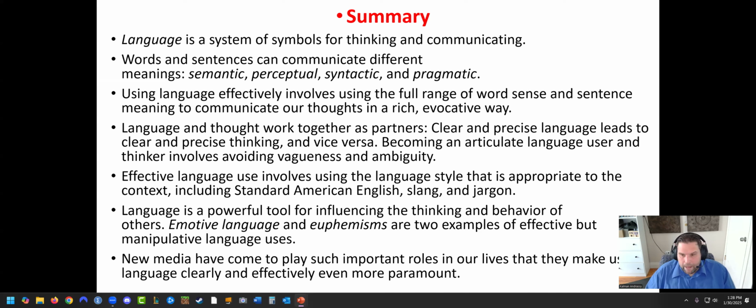It's another way to kind of get them to behave a certain way. And then, of course, new media have come into play. And they really have an important impact on our lives, and it really makes the importance of speaking the language clearly and communicating effectively all the more important, right?